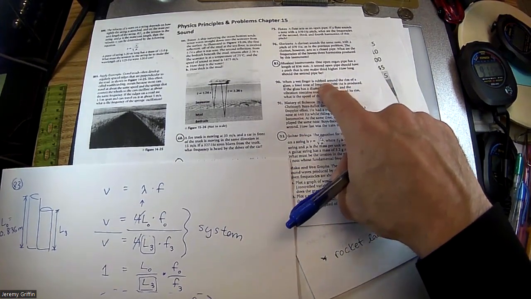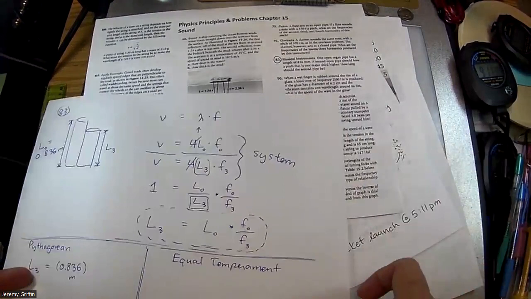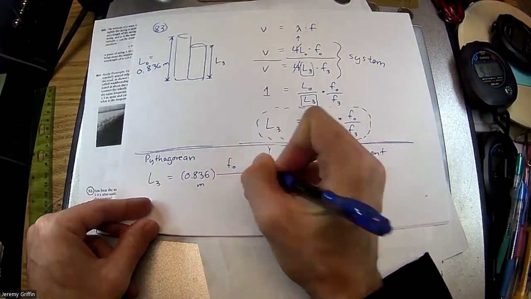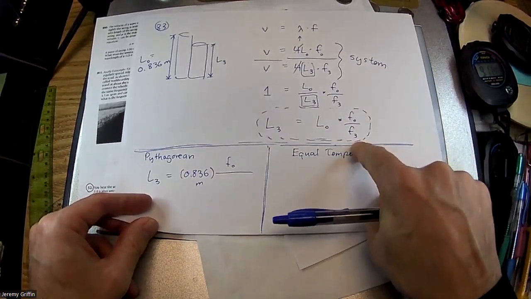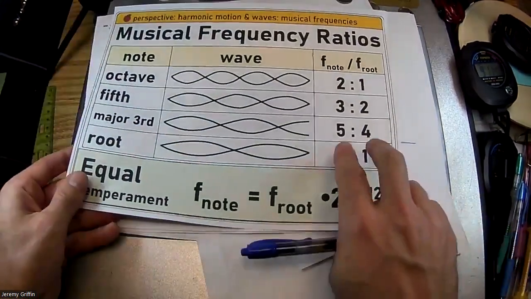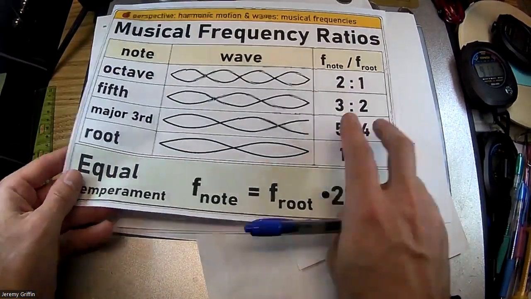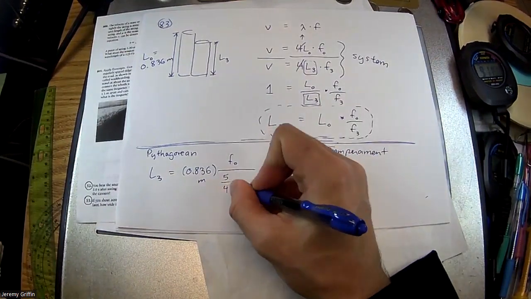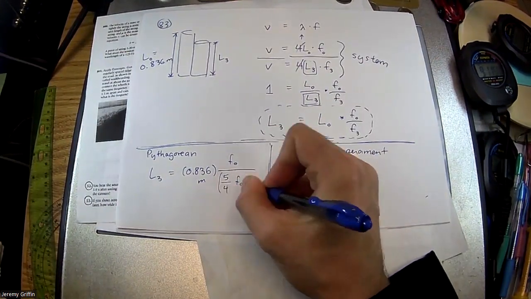Oh, no, sorry, they never told us the frequency. We were just looking for ratios, so I'll just call it F naught. We don't even know what the root note is. And then the major third above that. Now, if I'm using this particular method, I care about ratios. It's a 5-to-4 ratio. So the major third is 5/4 times the original.